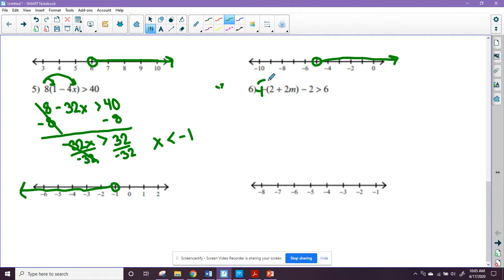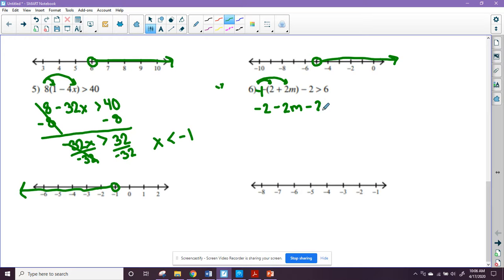So we're going to multiply -1 to everything on the inside of that parentheses, and only the parentheses. We are not going to touch this -2. So -1 times 2 is -2. -1 times 2m is -2m. So all that did was change the signs of the inside of the parentheses.